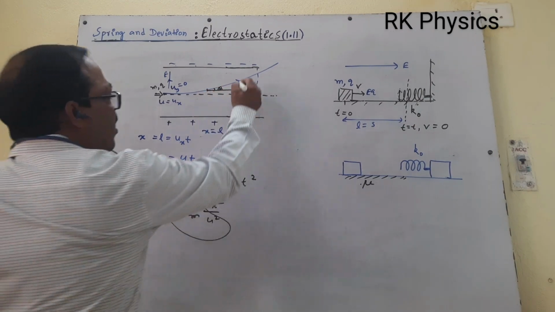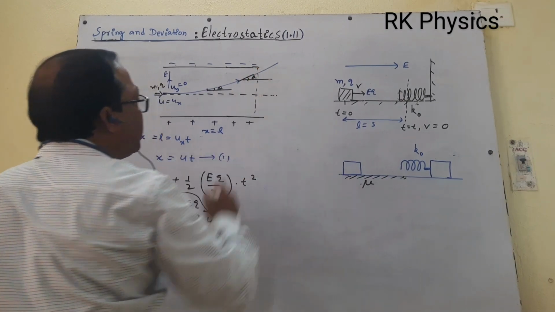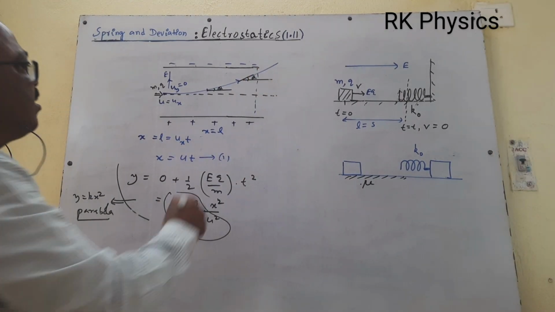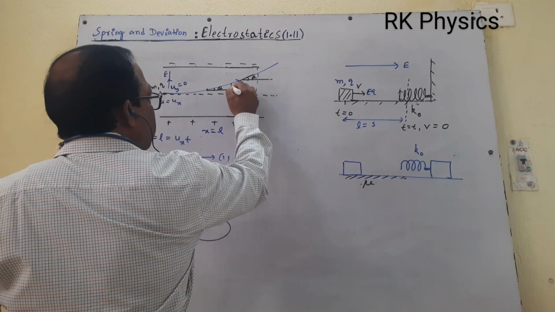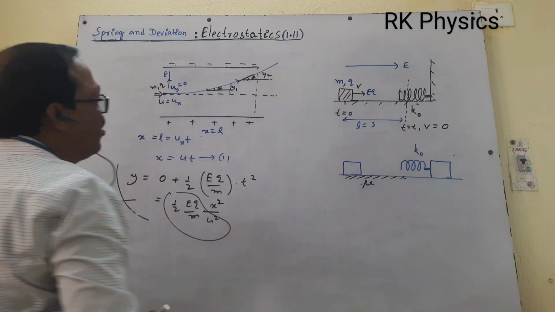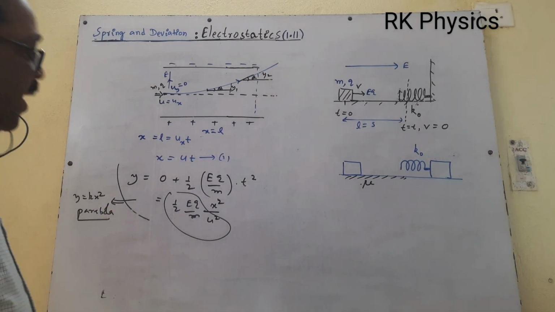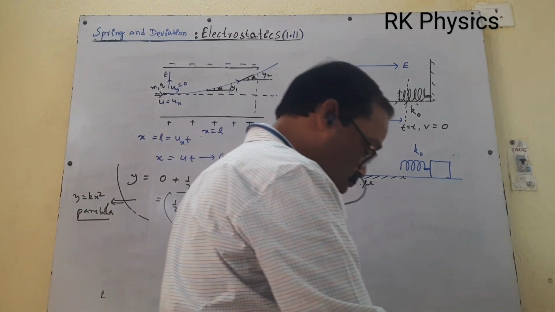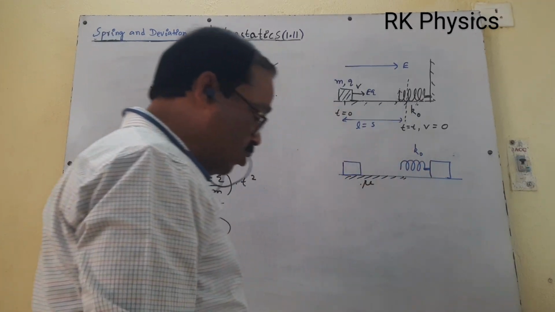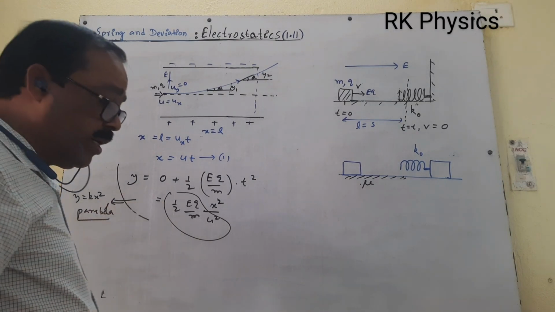Let the angle be theta somewhere here; you draw a tangent. This angle is theta. Therefore the vertical displacement here is y1, here is y2. The vertical displacement shows you the angle of deviation. So y shows the angle of deviation, and this is your important equation.